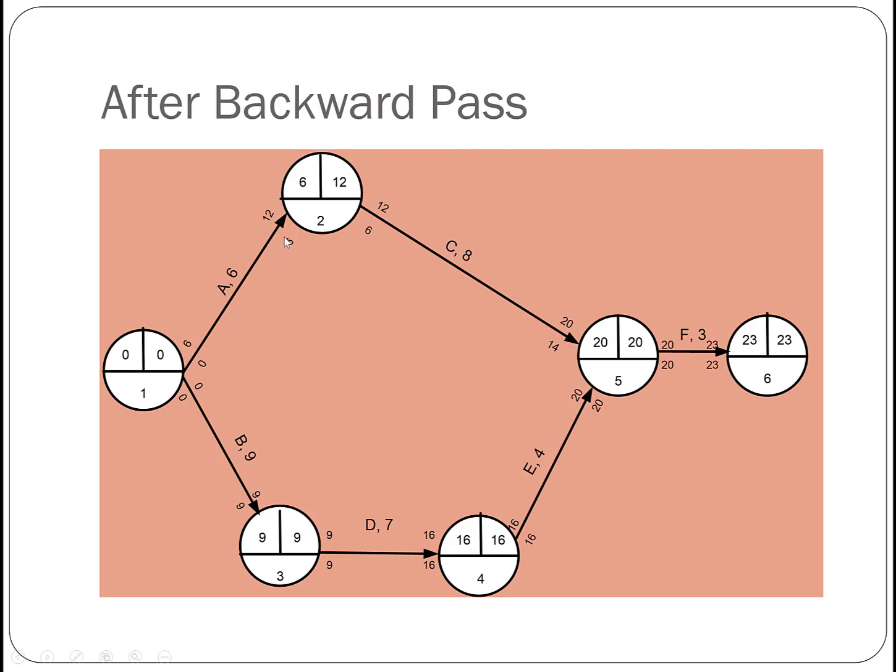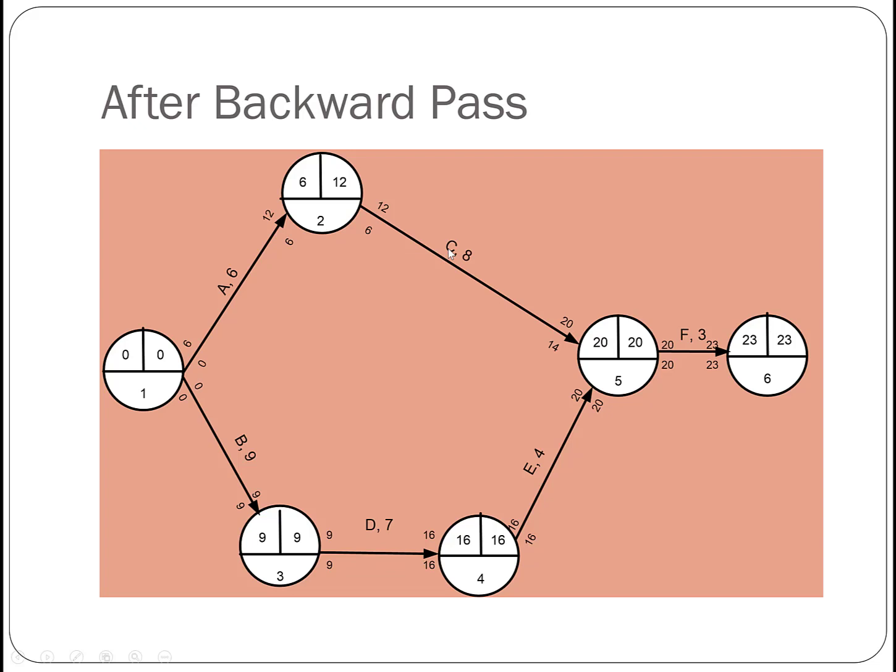There's this 6 days slack, which is the difference between the 12 here and the 6 here, for A that you can delay without delaying this entire project. So for A, its duration is 6, but the slack is also 6.